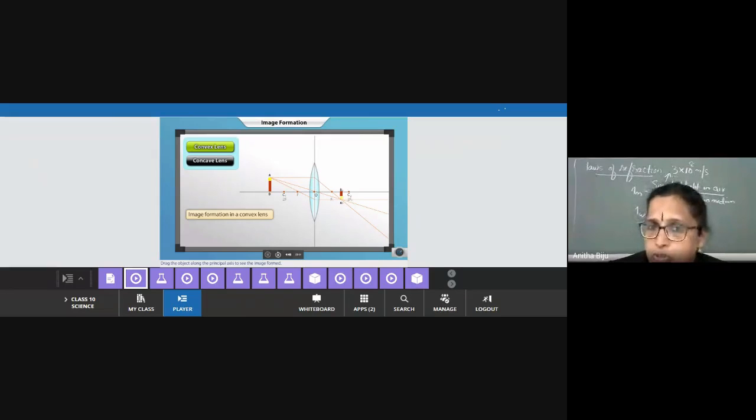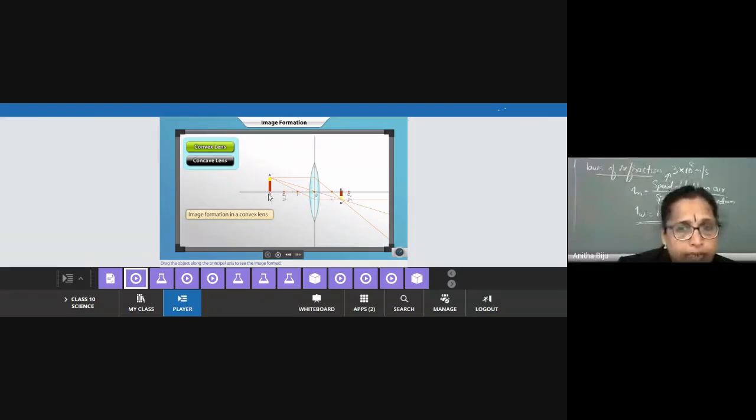The first position is beyond the center of curvature, and the position of the image is between F2 and C2, the nature is real and inverted, and the size of the image is smaller as compared to the object, or diminished. The proper word is diminished.